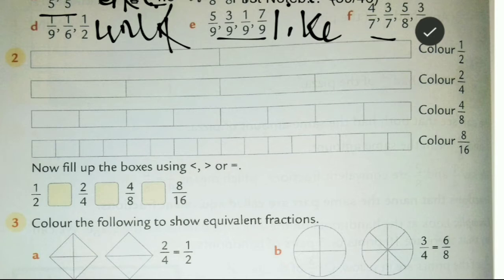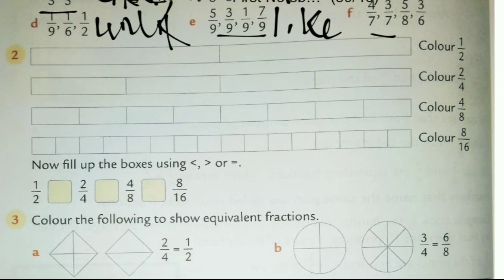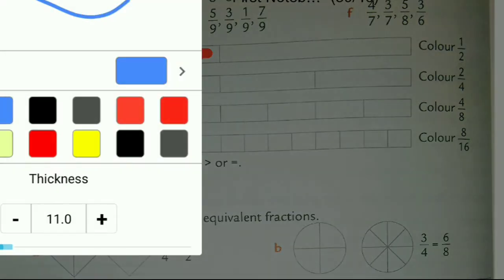Next, question number 2. Color 1 by 2. So we can do it here, color 1 by 2. In this one we will color 1 by 2. In this one we will color 2 by 4.